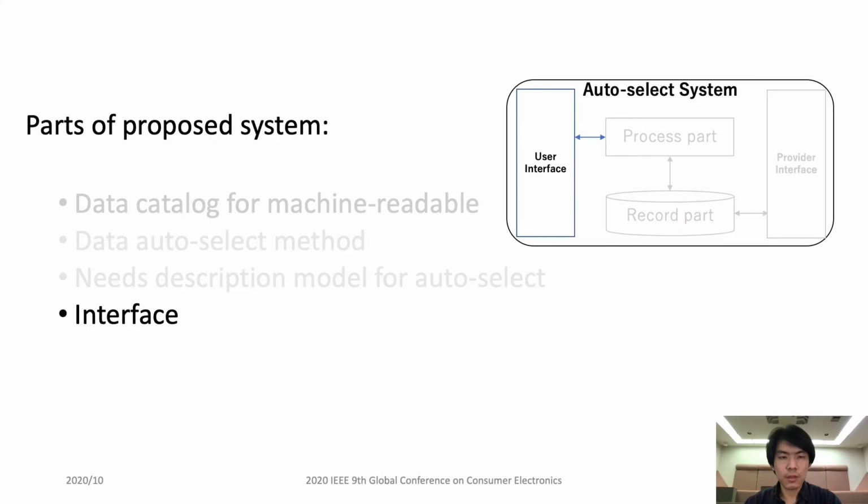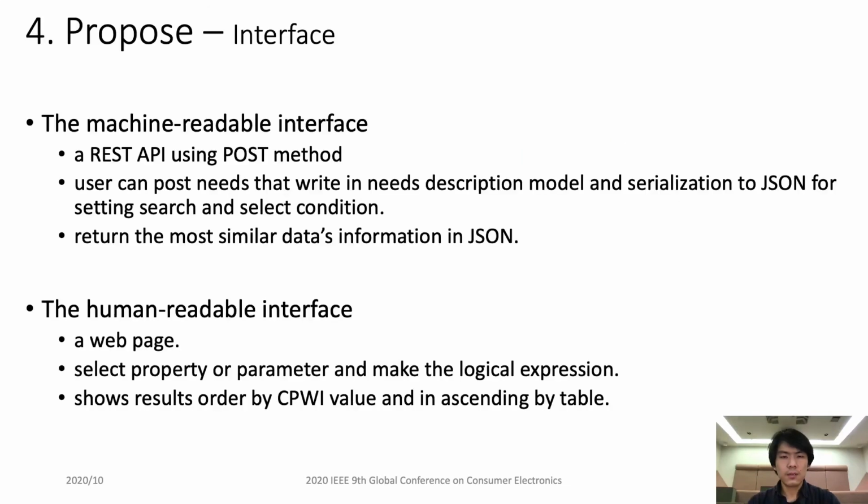The final part of the proposed system is the interface. The system has 2 interfaces. The machine-readable interface is a REST API and uses the POST method. Users can post needs written in the needs description model and serialized to JSON for setting search and select conditions.